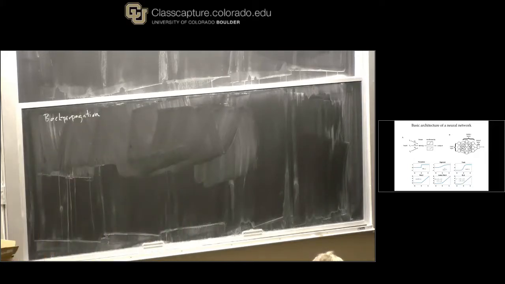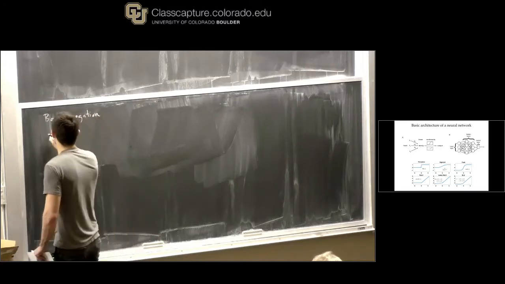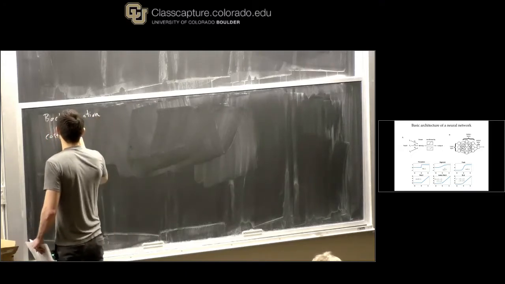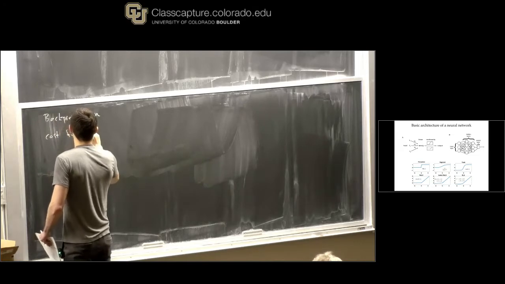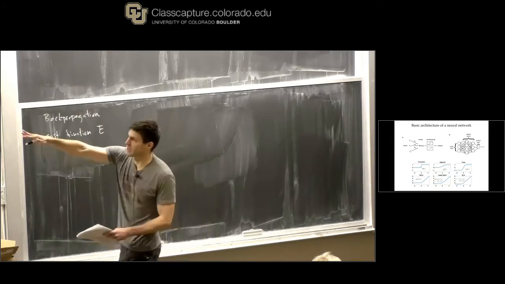So what we're going to do is first think about we have some cost function, which I'll call E, which depends on the output at the last layer.